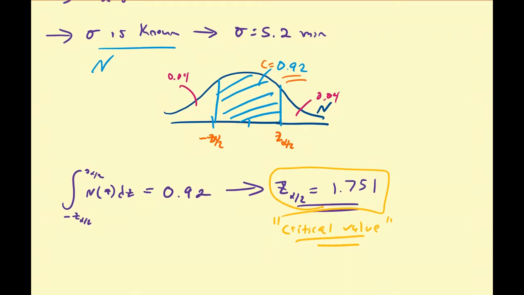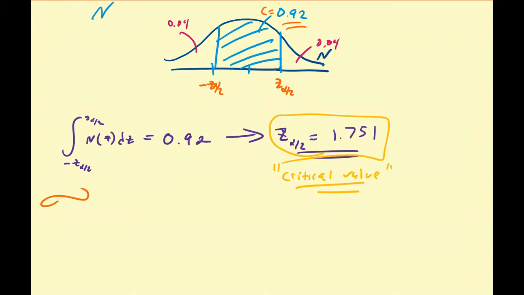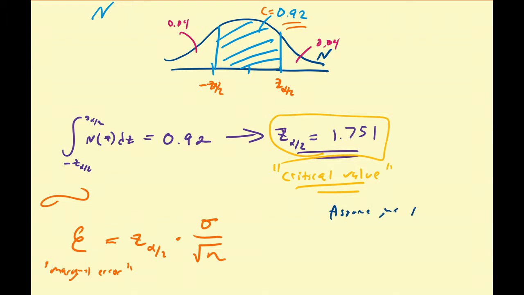With that being said, we can now calculate the marginal error for our confidence interval. E, recall, is the marginal error, which is equal to the critical value, z alpha over 2, multiplied by sigma divided by the square root of the sample size. Let us assume we plan to gather a sample of, say, 43 people.